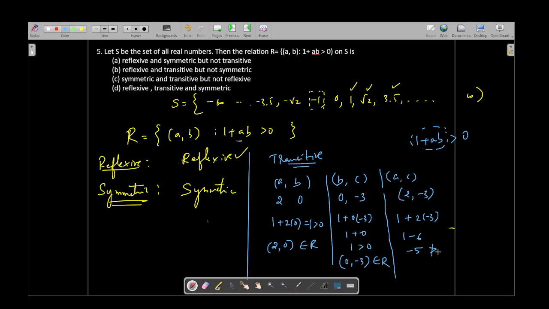That is not greater than 0, it is a negative number. So (2, -3) is not a member of R, and this is not transitive. So I think option A is correct, because it is reflexive and symmetric but not transitive.